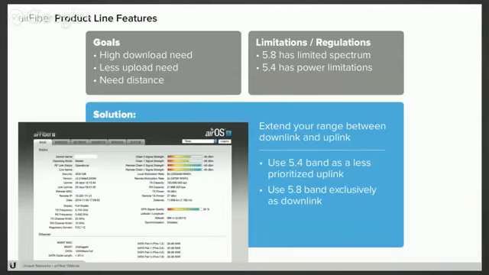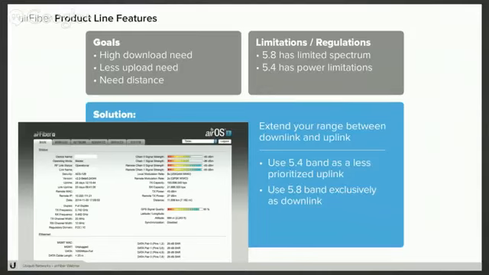In this particular case, we're using the 5.8 gig because that's a high power band where we can push a lot of data in one direction, and we're using the 5.4 band, which is a lower power band as a result of DFS limitations, coming back in the other.